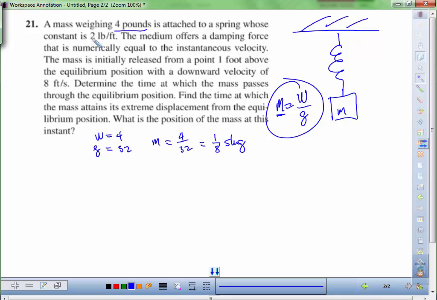Now, depending on how they give you the other piece of information, you may need to do some more substitutions. But here they actually give us a spring constant, so that already is going to be k, equal to 2 pounds per foot.